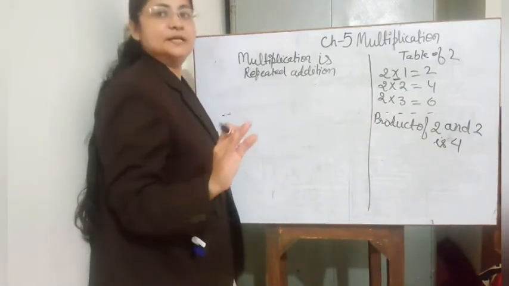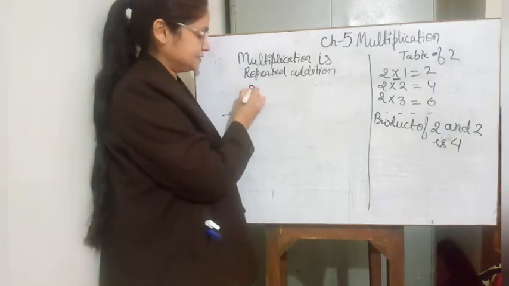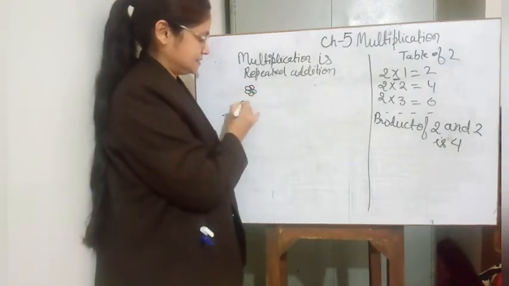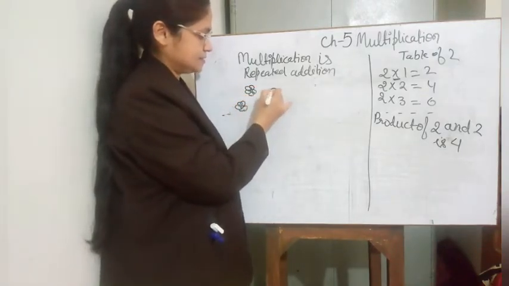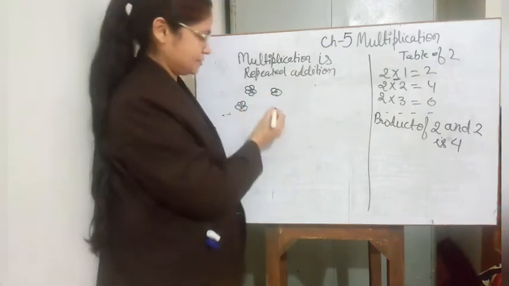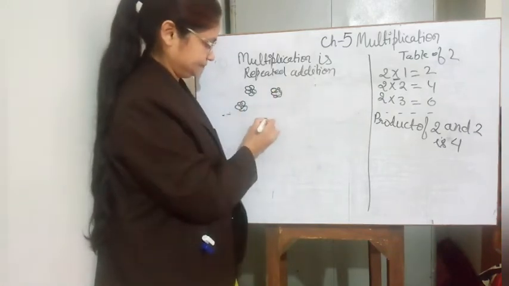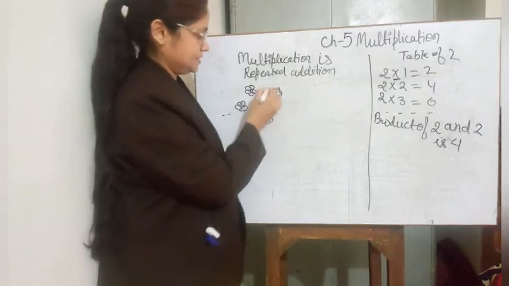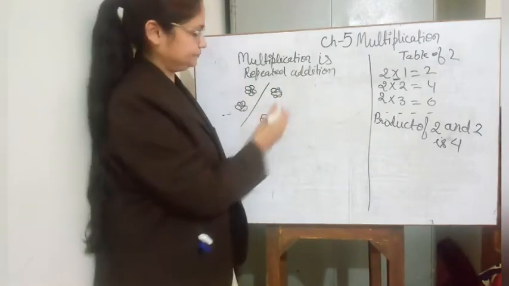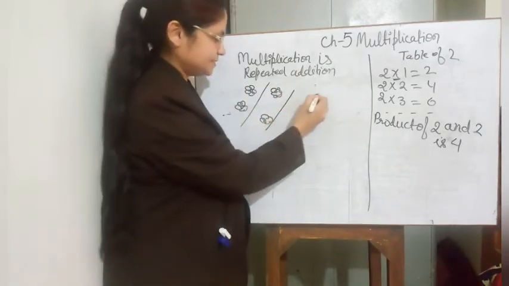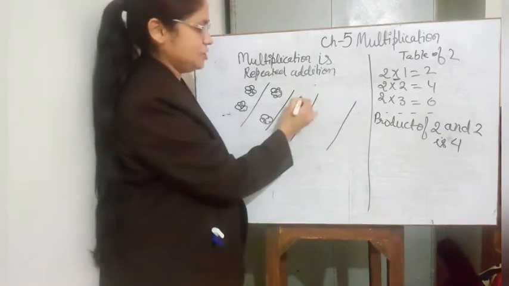For example, there are 4 groups of flowers. This is one group, this is second group, this is third group, and here I will draw the fourth group.